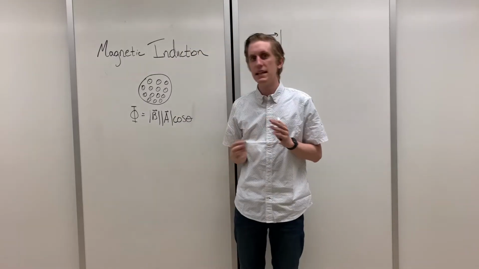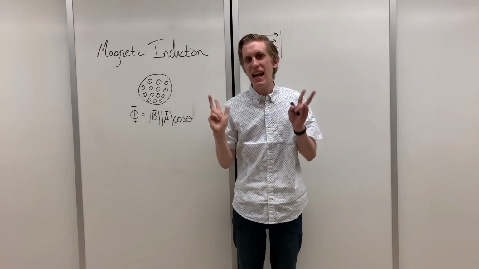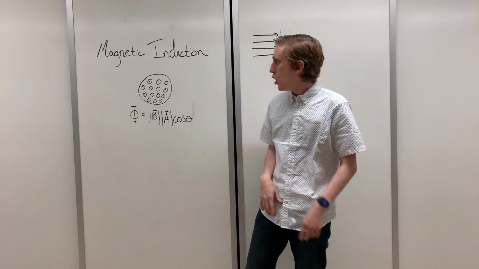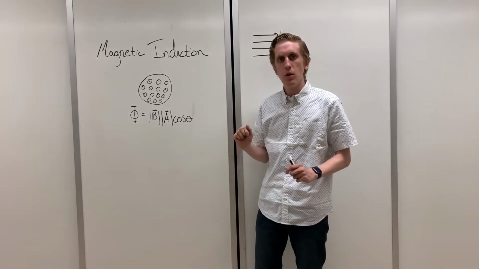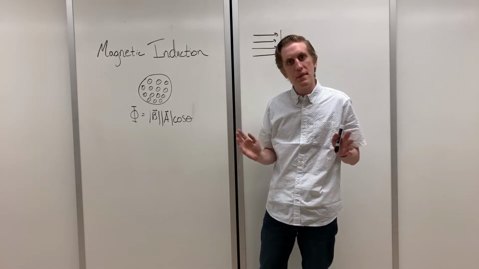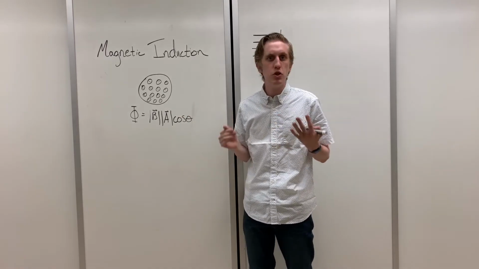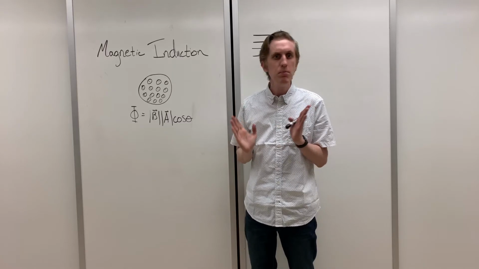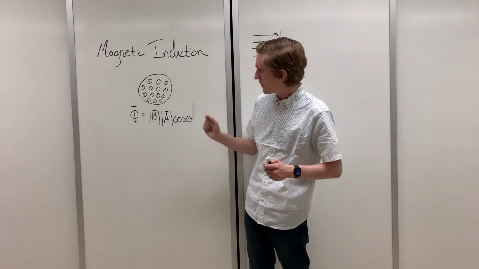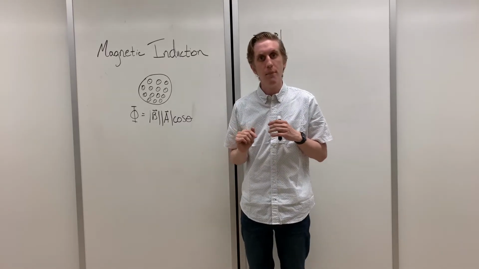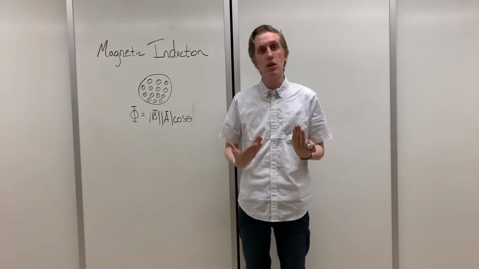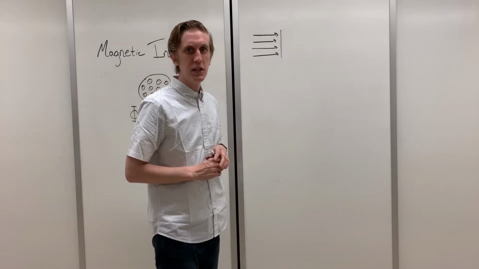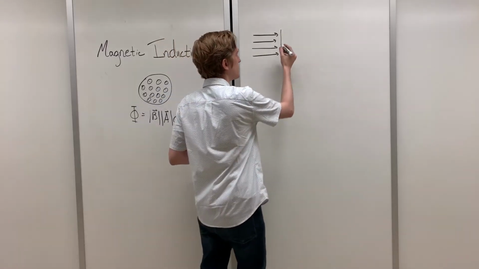In order to calculate this number, we need to define a direction for the area. To do this, we imagine that the circle forms a surface. Now, this circle is just a loop of wire. It's not filled in, but let's pretend that it is. The direction of this area points perpendicular to that surface. In this diagram, that direction points like this.